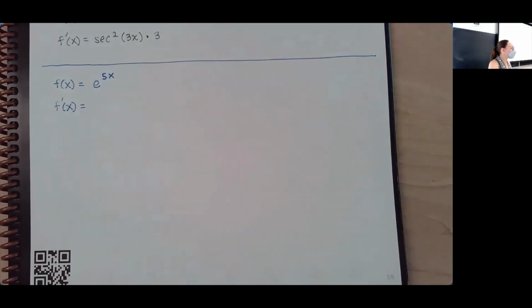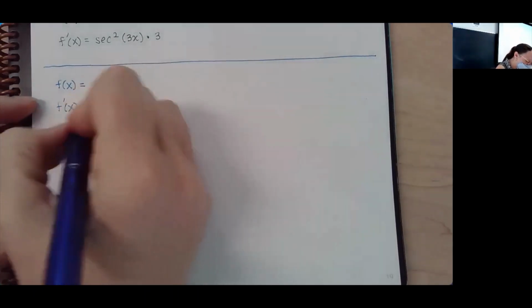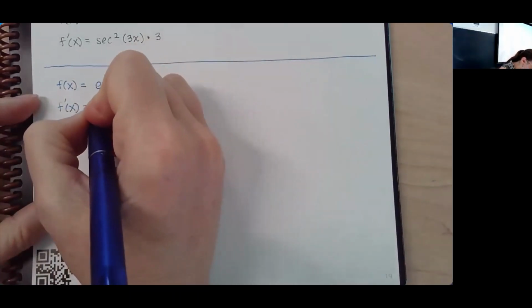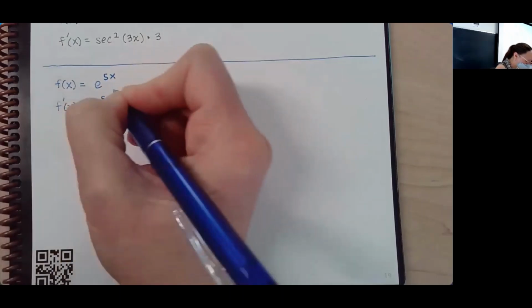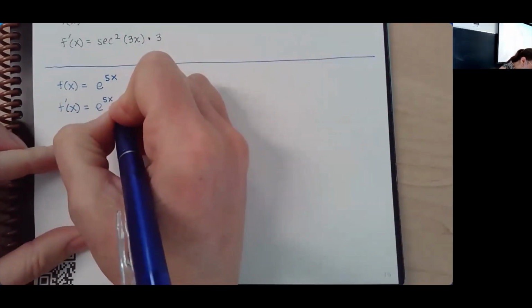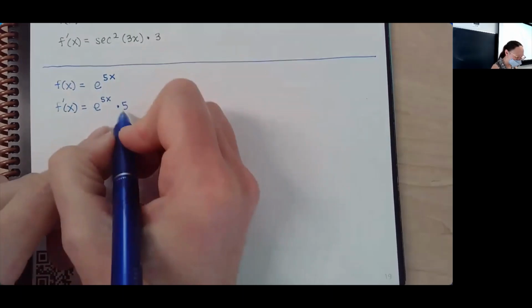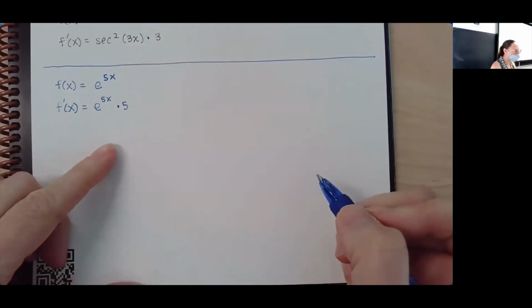But this chain rule piece says we've got to remember to multiply by the derivative of whatever the something was. So when I take the derivative here, I would get e to the 5x. We're just going to write it all over again, but times 5, because 5 is the derivative of 5x.